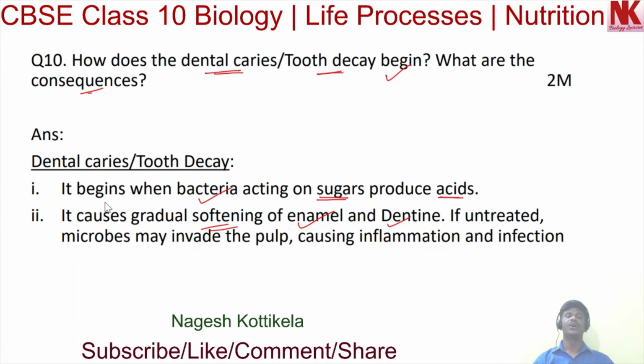If untreated, microbes may invade the pulp, causing inflammation and infection. So this is a severe condition of dental caries. This is all about question number 10 and the answer for it.